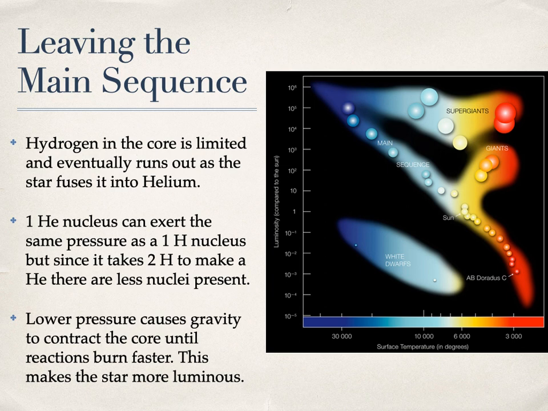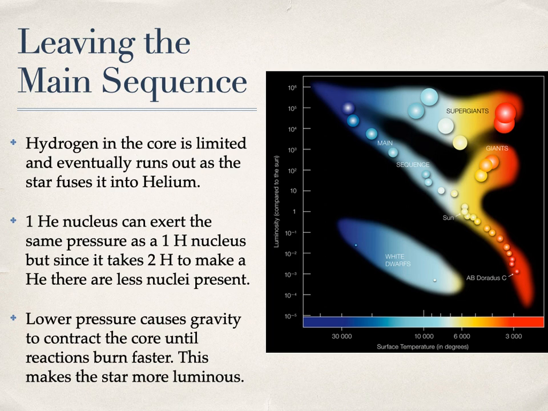Now remember, none of this is in any way akin to burning anything like you would with a chemical reaction like fire. It's just that astronomers are kind of poetic, and we refer to nuclear fusion as burning, but it is not a chemical reaction. It's a nuclear reaction. Anyway, the helium is being produced, and it's settling into the core as ash.